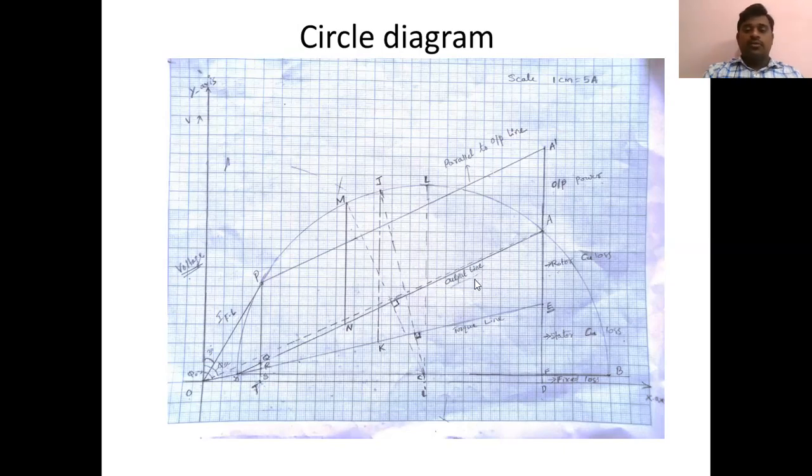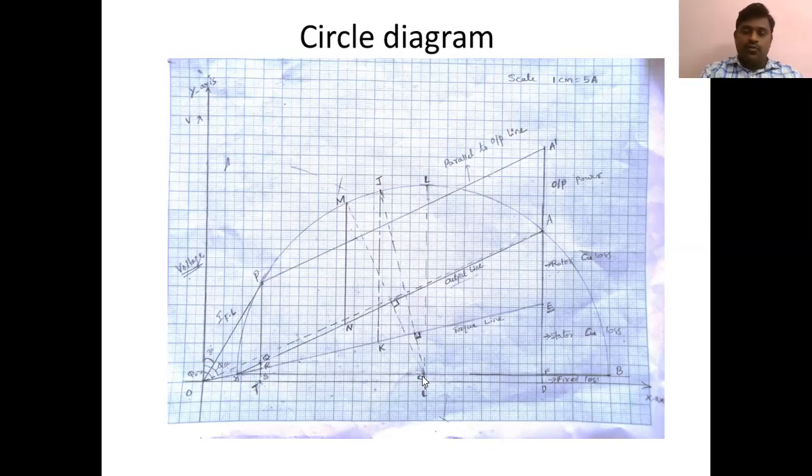Then you have to draw the perpendicular bisector of the line O dash A. To make the perpendicular bisector, I take more than half the distance to this output line and make arcs, and then join the two arcs. Then I get a point where it cuts the O dash B line, point C. This is your center.